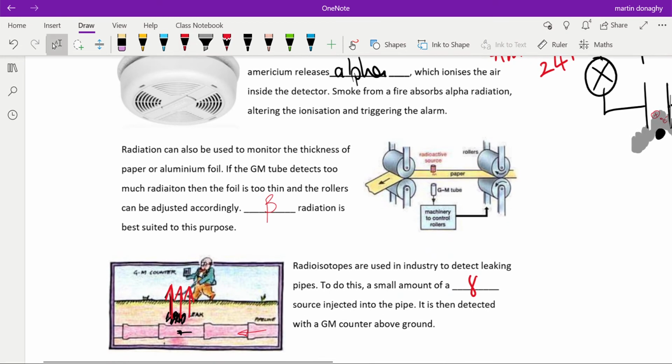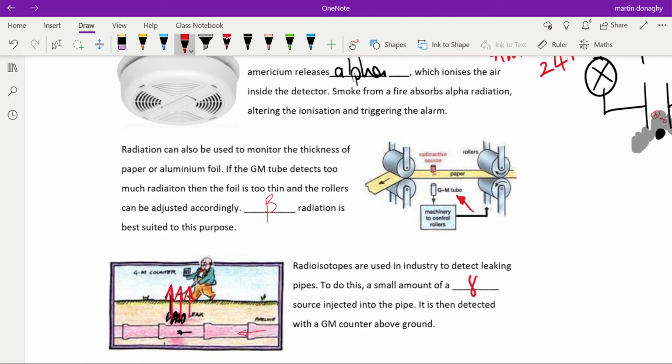Likewise for our third use, where we're manufacturing the aluminium foil, we need a beta source, but this works by checking how much radiation is at the other side. If it's too thick, there'll be less radiation detected on the opposite side.